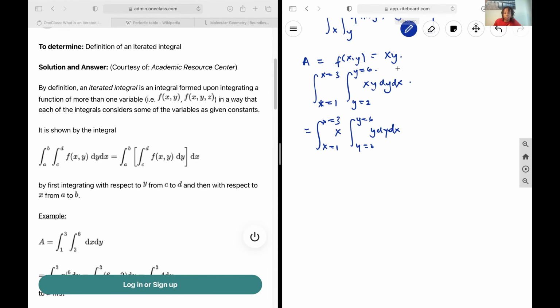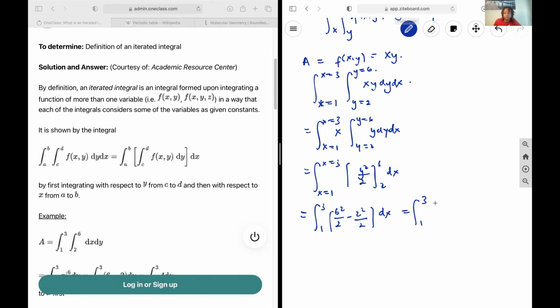Okay, and so we know that the integral of y, just using exponent rules, is going to be y squared over 2. And we're taking it from y is equal to 2 to y is equal to 6. This is still within integration bounds, but let's first evaluate this. So we come from x is equal to 1 to 3 of 6 squared over 2 minus 2 squared over 2 dx.